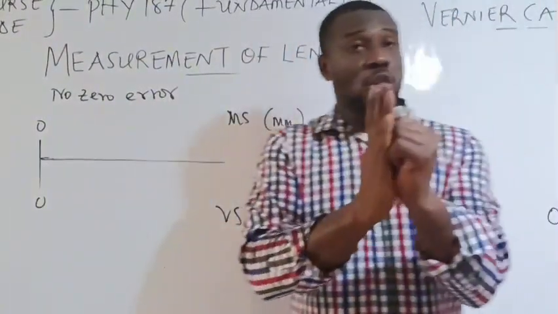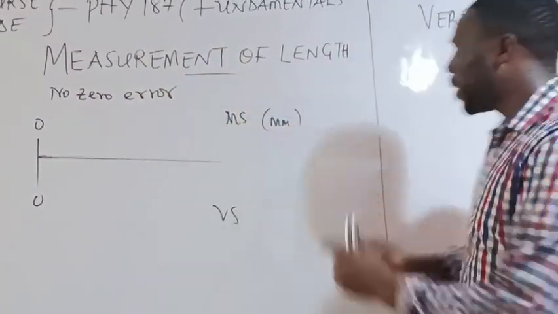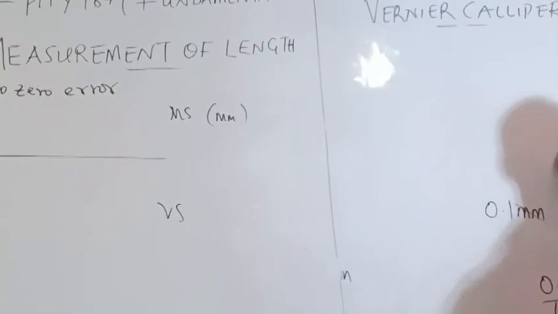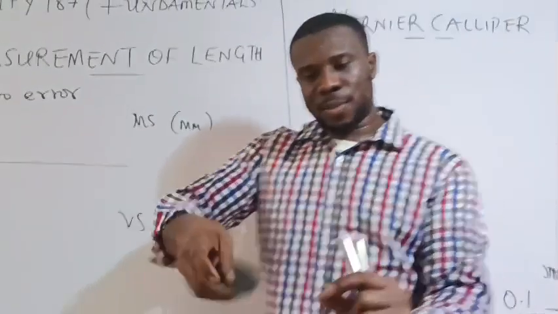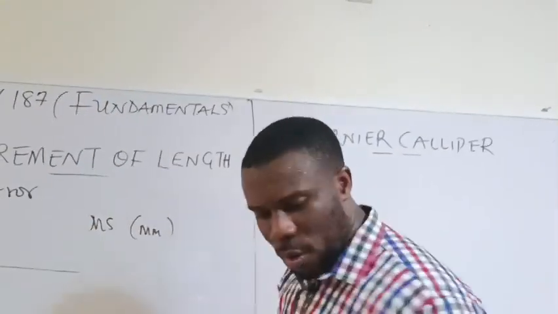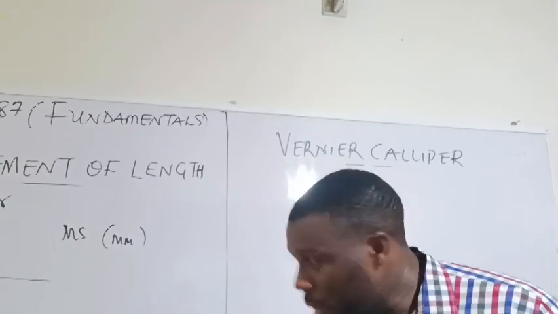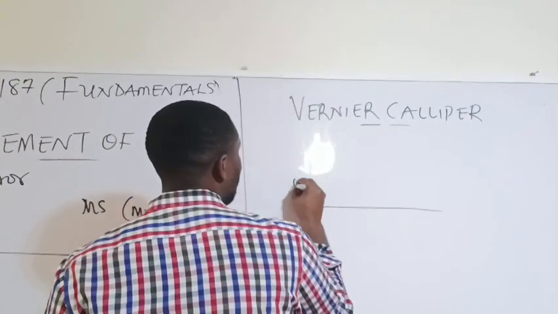That is, if both jaws A and B, jaws C and D are touching each other, with no objects in between, so it's properly screwed, they touch each other, still the zeros do not align. Alright, so let's see. So let's say this is the main scale, this is the 0 on the main scale.